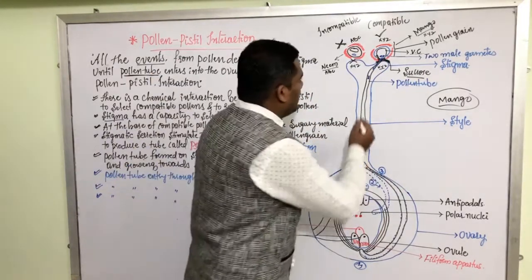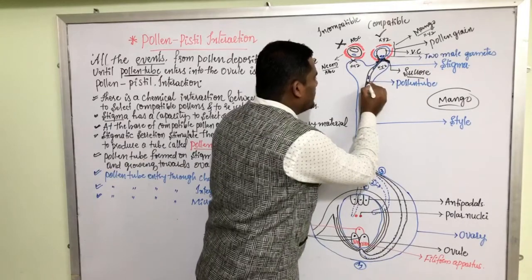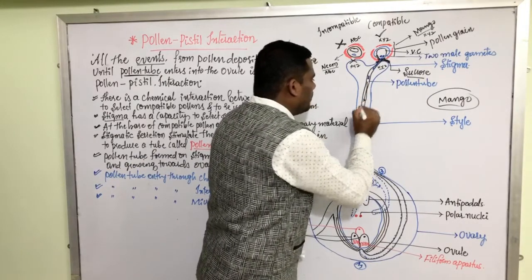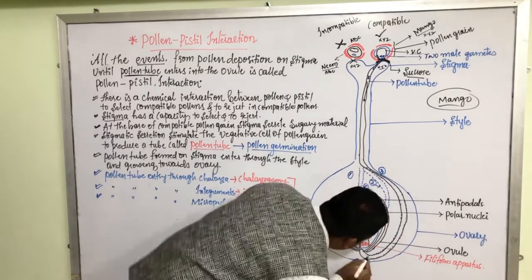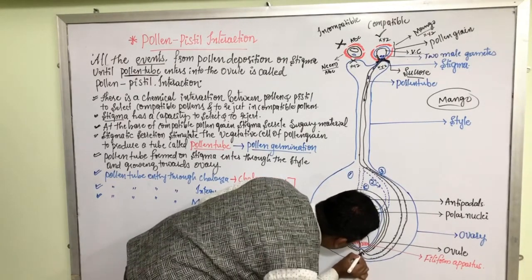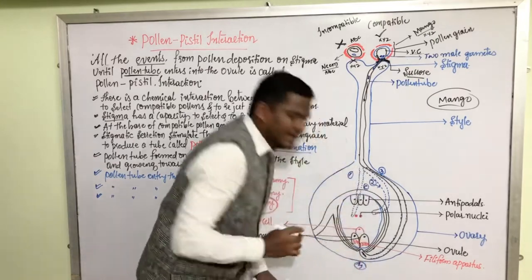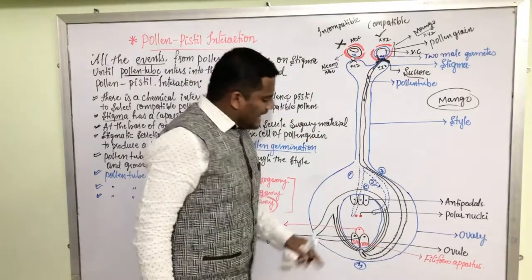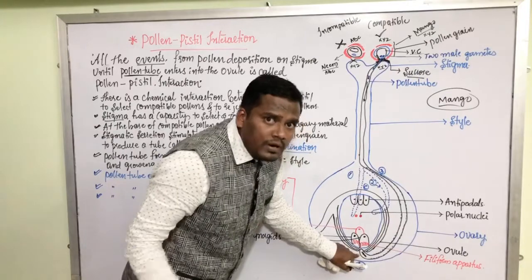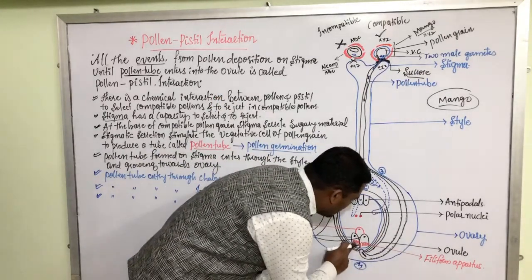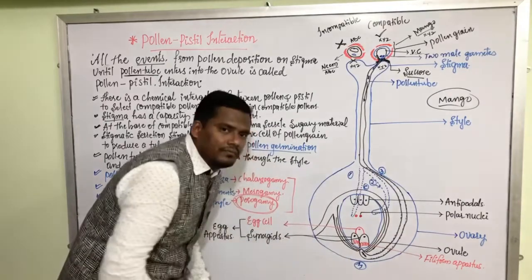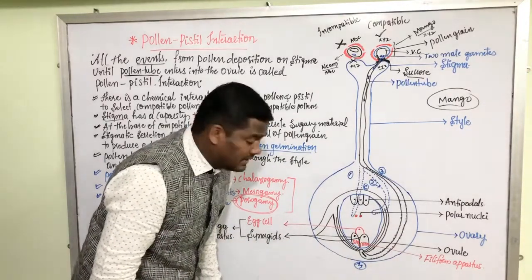Now, these two male gametes are carried here. These two are the male gametes. As the pollen tube reaches the micropylar end, we have the synergids here. Synergidal cells.